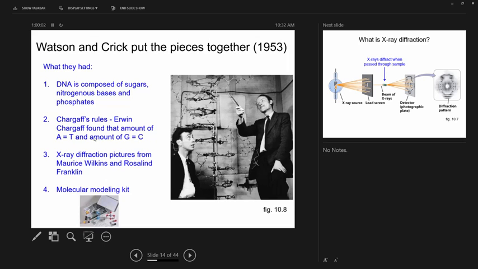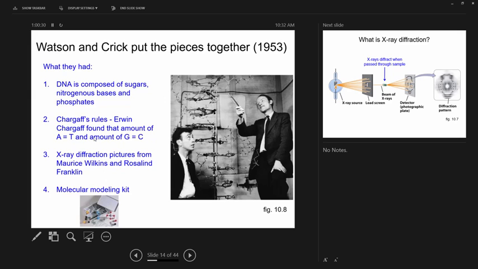But importantly, the amount of A was almost perfectly equal to the amount of T, and the amount of G was almost perfectly equal to the amount of C, in molar amounts. Because A and G are two-ring, and T and C are one-ring, so it's molar, not straight-up weight. And here's where the bad news came in.